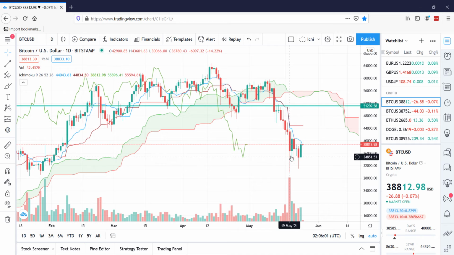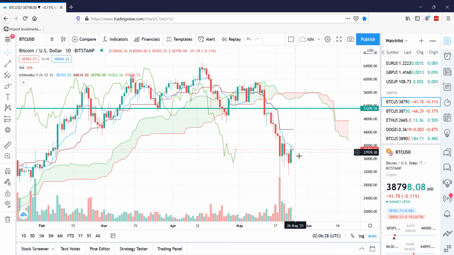Right here we tried to hold this area, so we're seeing a bit of a flat line here. So this is actually downtrending resistance here at about 44.8. So if we can manage to get past the area where we're at now, we could see a reaction up here.